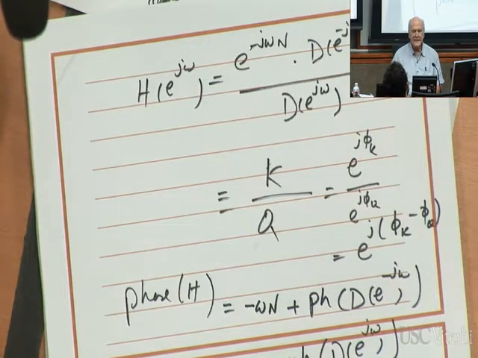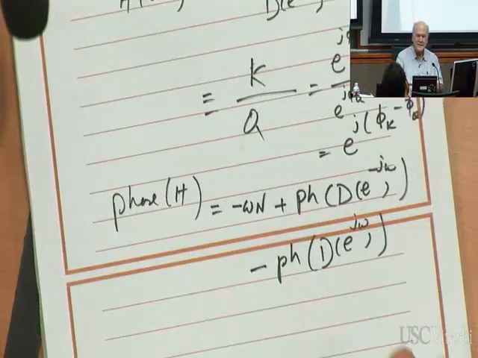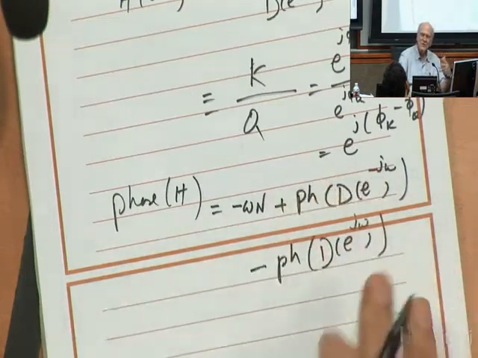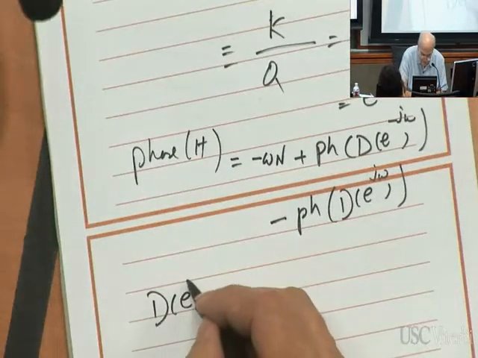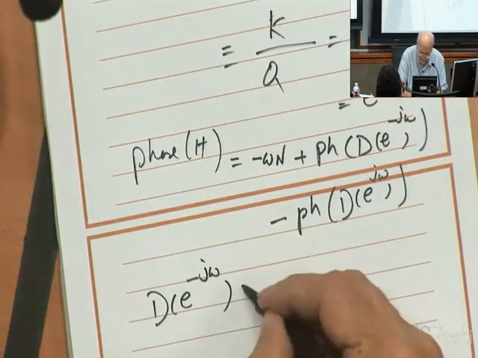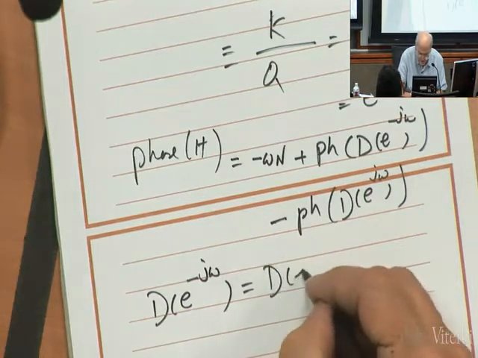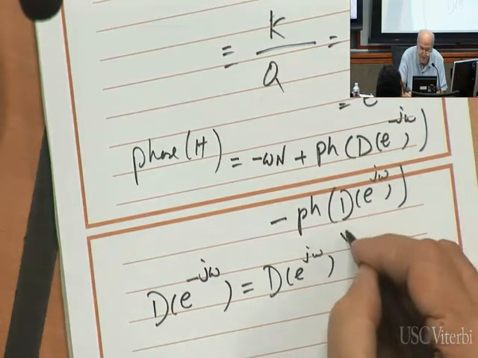Okay? Now, the other thing we know is that since d is real, or the coefficients are real, we know that d of e to the minus j omega is equal to d of e to the plus j omega complex conjugate.